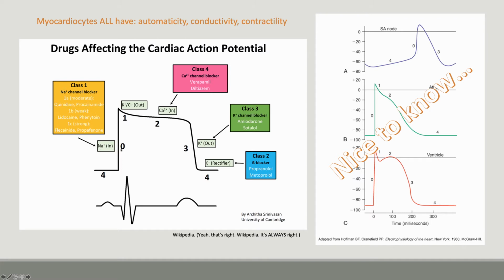Sodium rushes into the cell because it's normally an extracellular ion, and that forces potassium and chloride out of the cell during phase 1, and then phase 2 is where calcium comes in, and then phase 3 is where potassium goes back out, right? And then potassium goes back in phase 4.